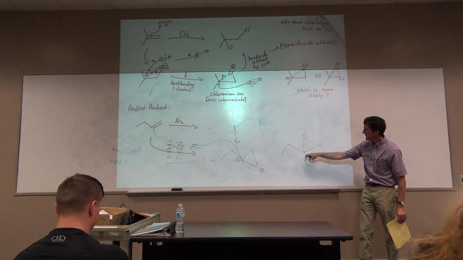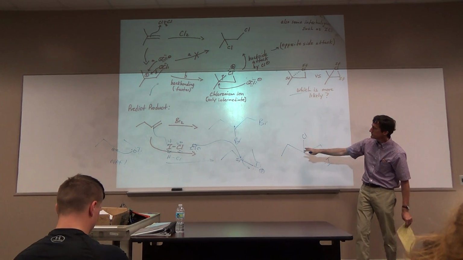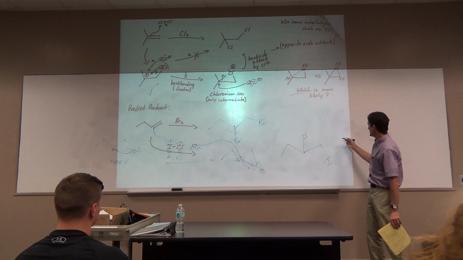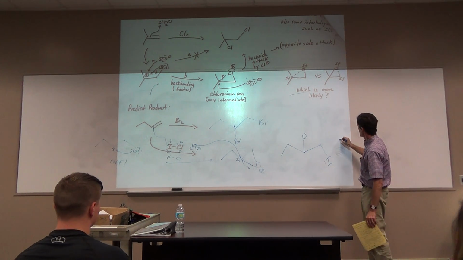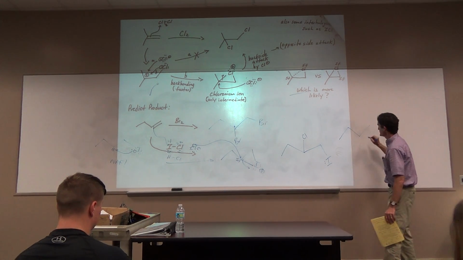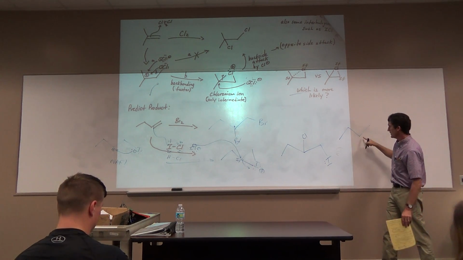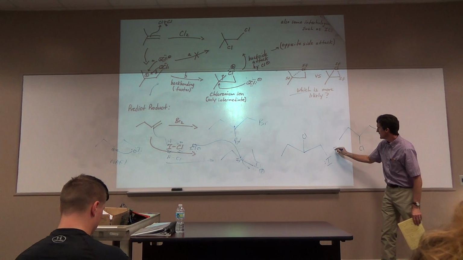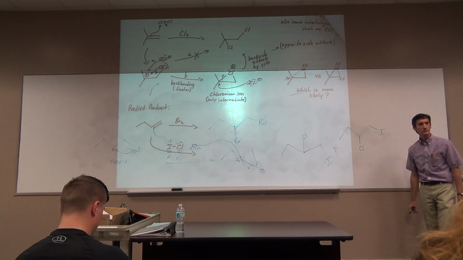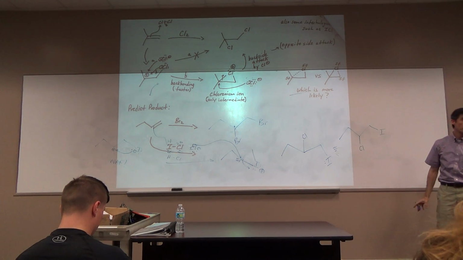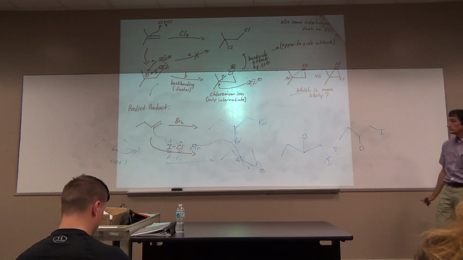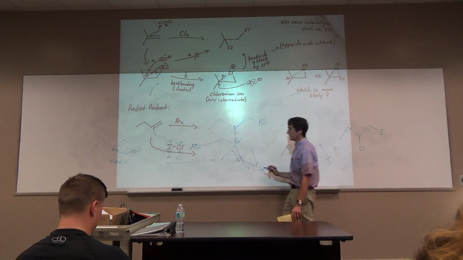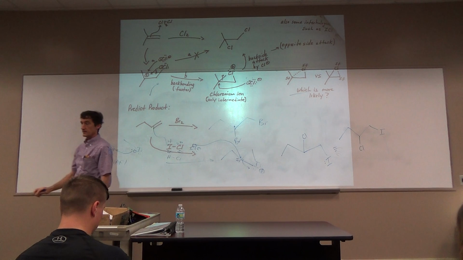That's just ugly bond angle. I would just tend to want to clean it up and give a nice backbone. Here's my original. So chlorine is here, iodine is here. Just a nice zigzag backbone, which is more perfect to bond angles. So the answer is the iodine's on the more substituted carbon. Yep.